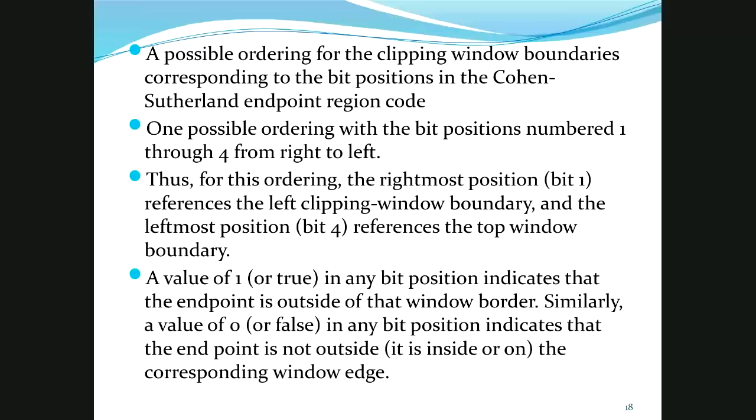So by using the bit regions, you can make the clipping window and you can transform to that viewport window. So this is the procedure of the Cohen-Sutherland line clipping algorithm.